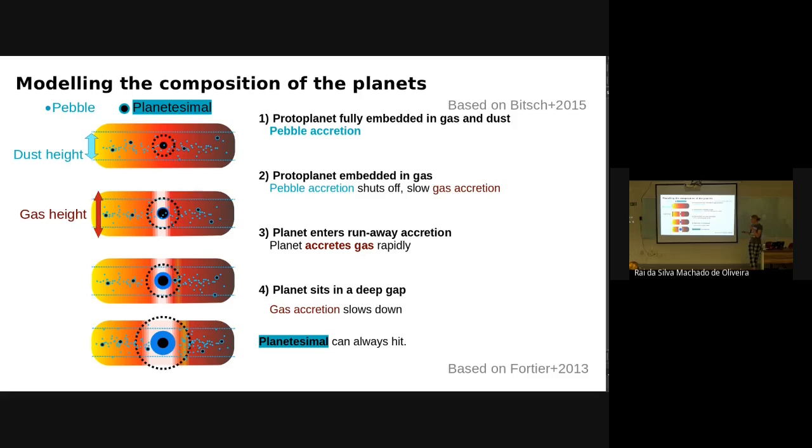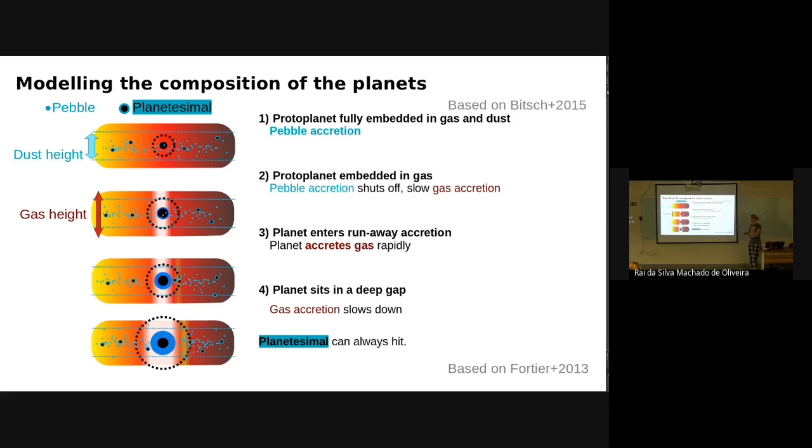And then eventually this slowly shuts off if the planet gets just too large. The gap is so deep that even the gas can't reach the planet anymore. And then we have a truly giant planet with a Hill sphere that even extends the whole disk.